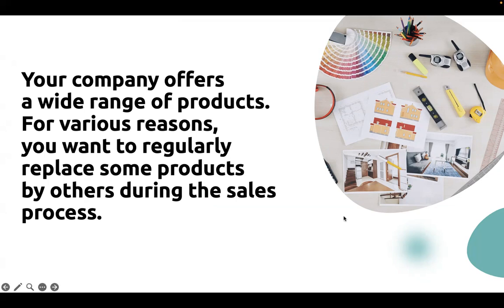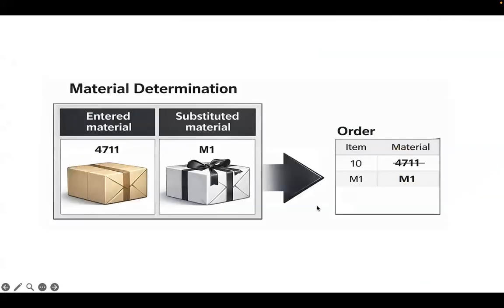So, this is material determination, as you can see here. The material we have received from the customer is, for example, 4711, but the substituted material is M1. So when you create a sales order in the system, though you punch it as 4711, the system is going to consider that as material M1, and that's what will be supplied to the customer.